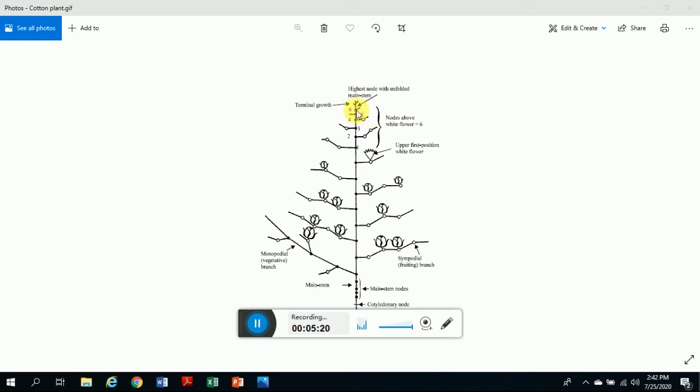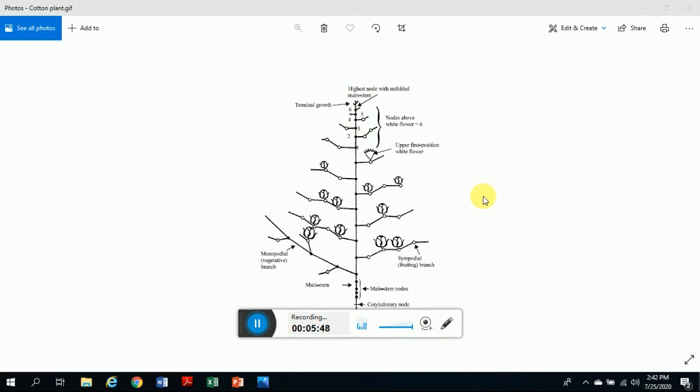Similarly, at the top, the bark normally has a pink color. If the pink color is at the upper side, it means the plant is under stress. If the pink color is relatively on the lower side of the top, that means the plant is not under water stress. This is basically scouting of the plant for water requirement.